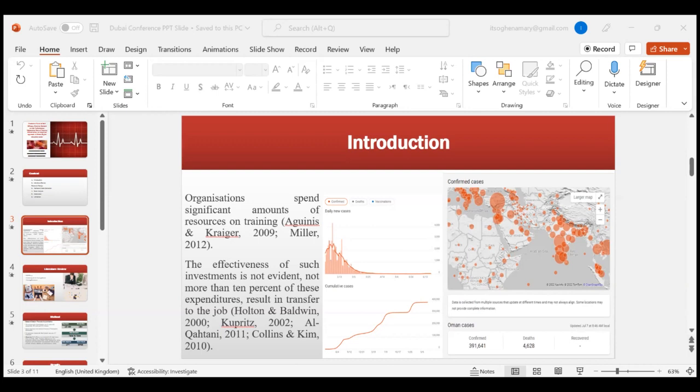So we conducted this study in an important sector, the higher education sector, because those employees are a product of higher education.